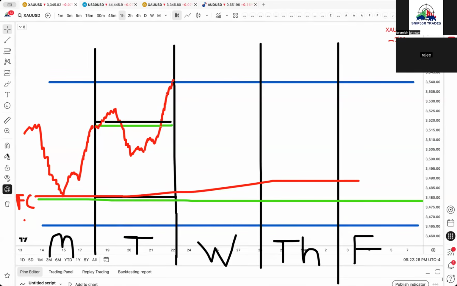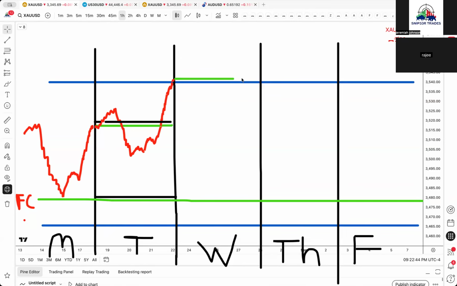Friday's closing price. We don't know who's in the market until the close of Monday. The close of Monday, we have longs in the market because they closed above Friday's close. We have longs on Tuesday because they closed higher.